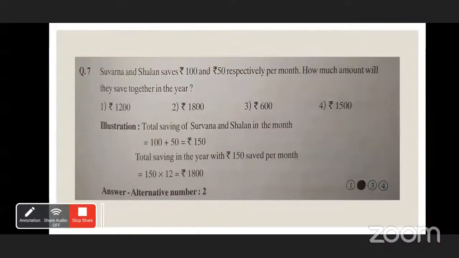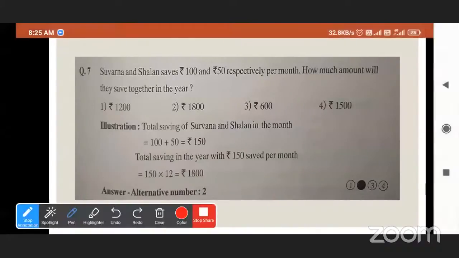See here. The total saving of Suvarna and Shalana in the month is 100 plus 50, that is 150 rupees. So the total saving in the year is 150 multiplied by 12.